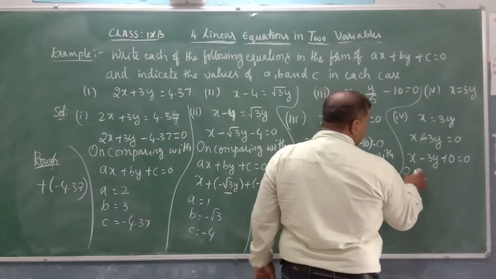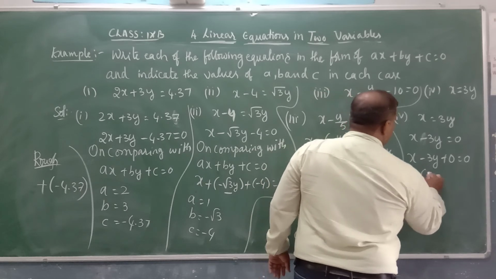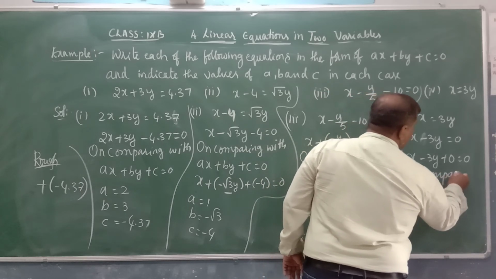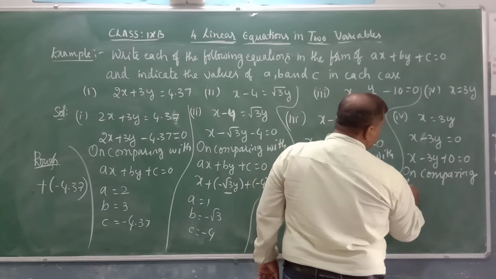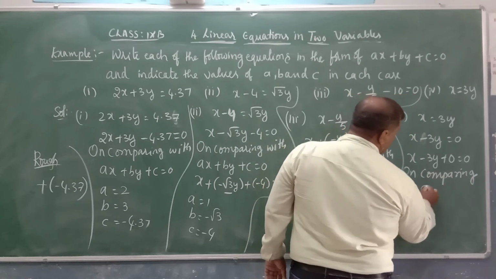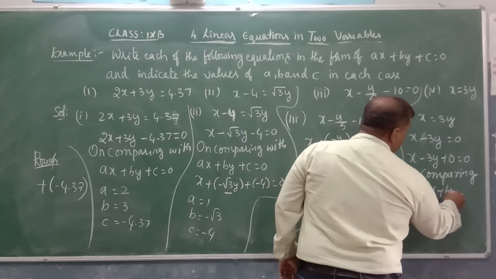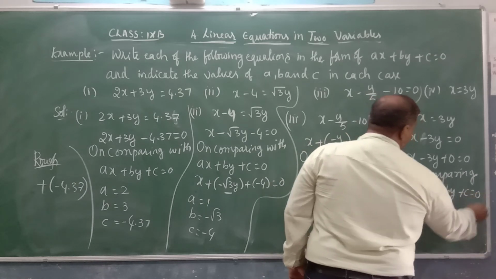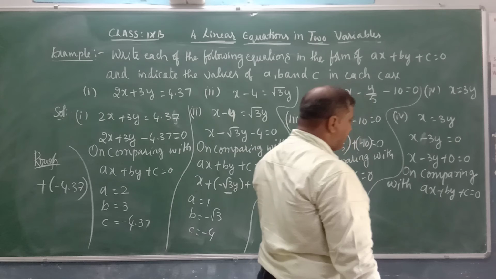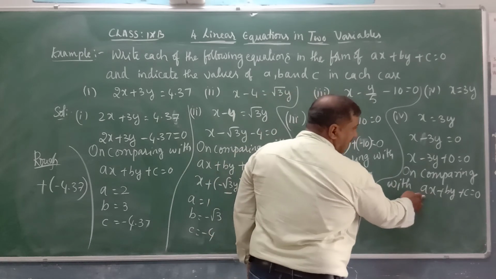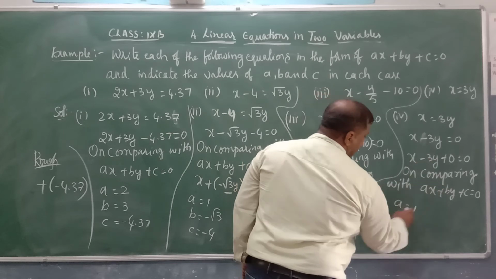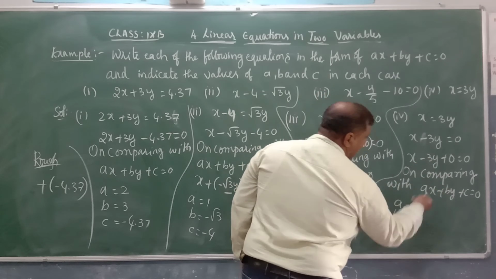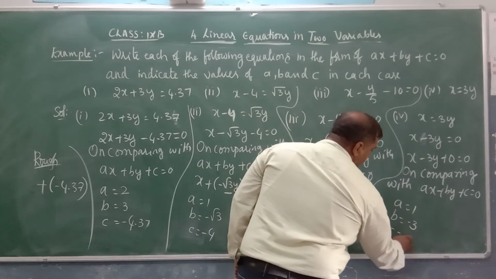On comparing with the general form, that is ax plus by plus c is equal to 0, where a is the x coefficient, a is equal to 1, b is the y coefficient, that is minus 3, and c is equal to 0.